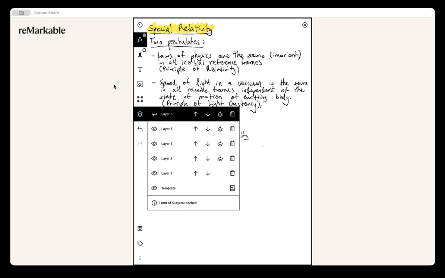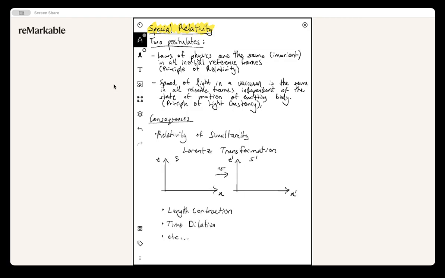There are other consequences as well, which we'll get into later, which is that we get these Lorentz transformations from one inertial reference frame to another, which tell us how to change our measurements from one frame to another. And from that, we can deduce length contraction and time dilation. All right, so for now, let's just double click on relativity of simultaneity.